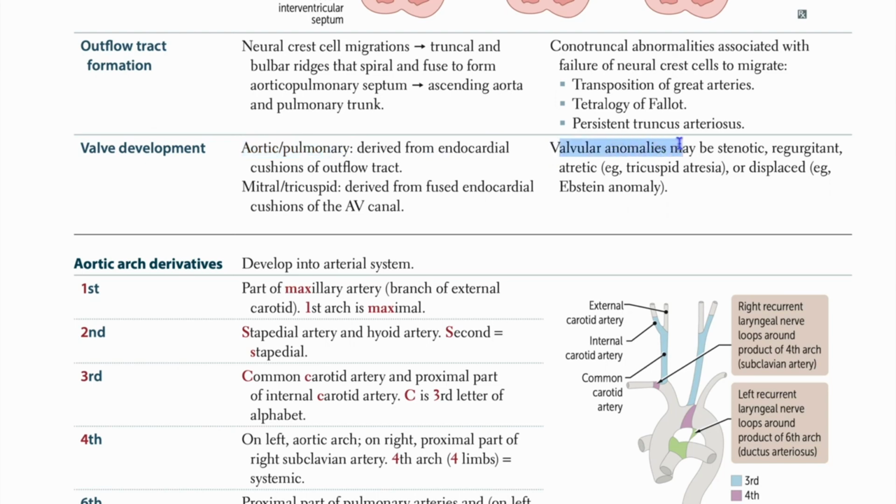Valvular anomalies may be stenotic, regurgitant, atretic, for example tricuspid atresia, or displaced, for example Ebstein anomaly.